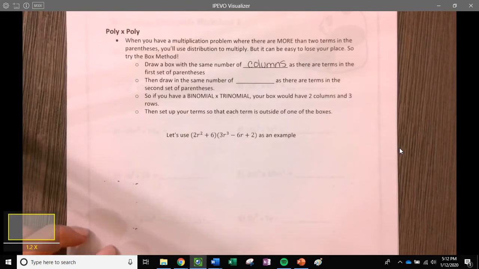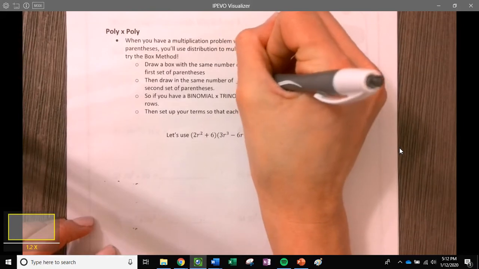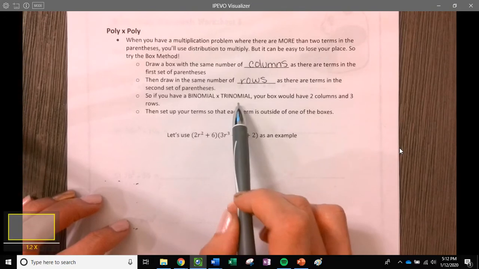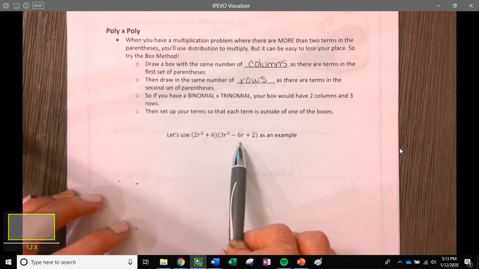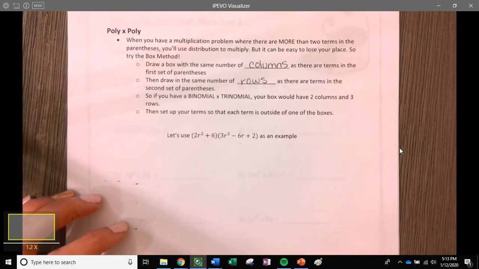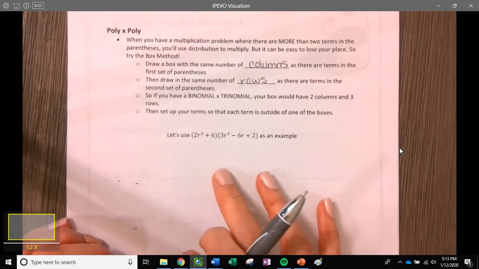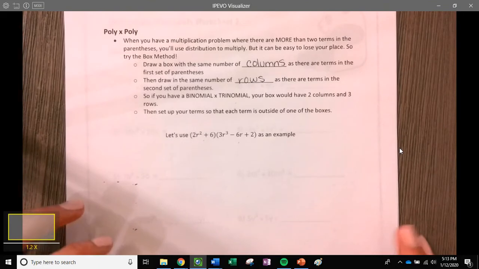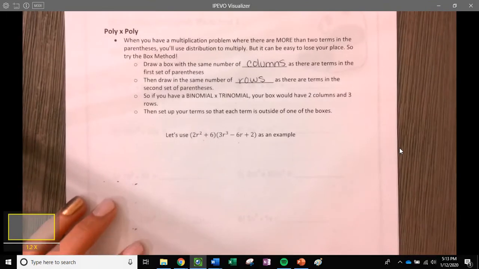Then you're going to draw the same number of rows as there are terms in the second set of parentheses. And if you want to use those interchangeably, that's fine. That's just the way I like to do it. Okay, so if you have a binomial times a trinomial, which is what we have in this example, your box would have 2 columns and 3 rows. You set up your terms so that each term is outside of one of those boxes, and then we'll multiply everything together.